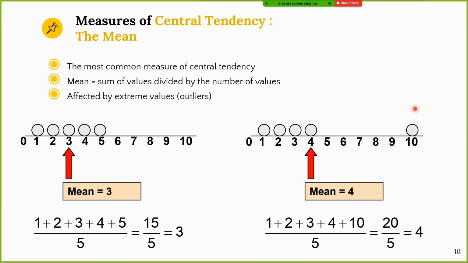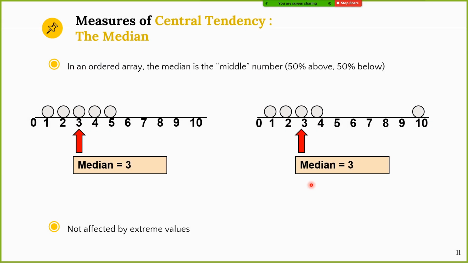If you have an extreme value, it will change the mean. So the mean is very affected by the outliers, but the median is not, because it is only the middle number.